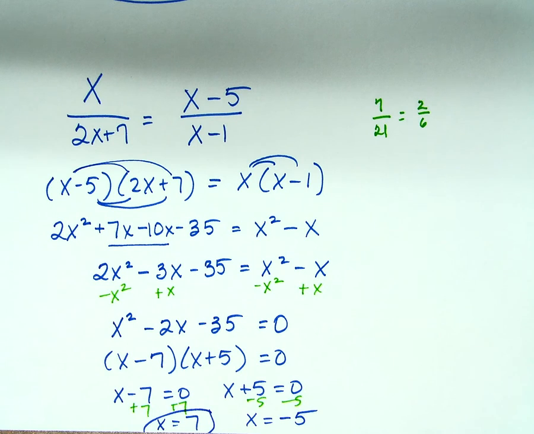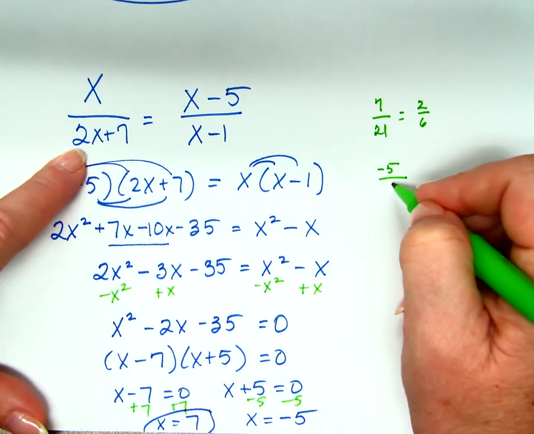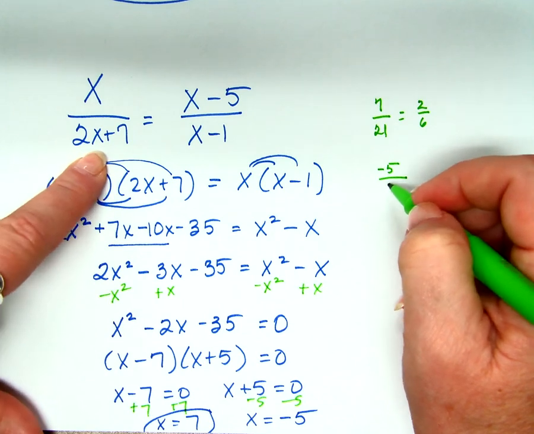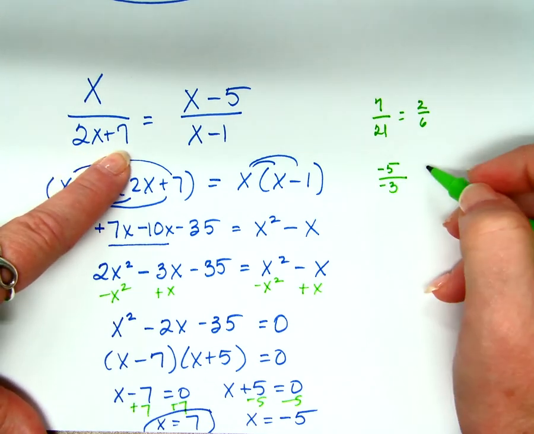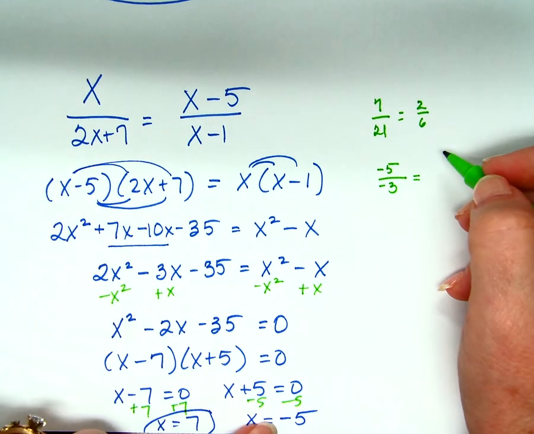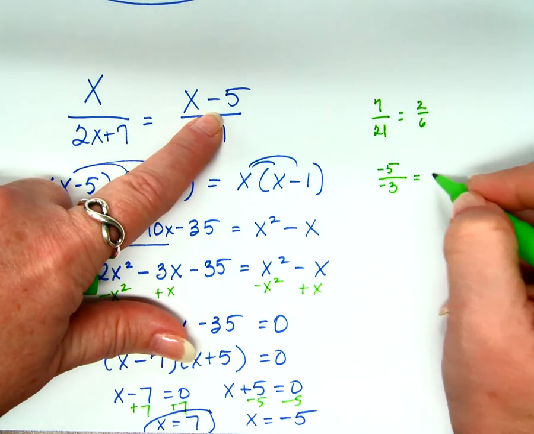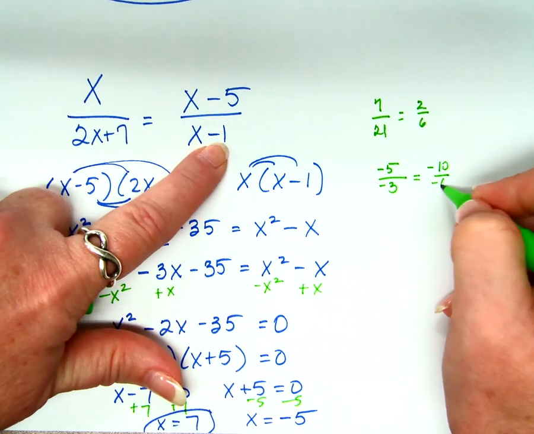Okay. What about negative 5? All right, negative 5, 2 times negative 5, negative 10 plus 7, negative 3, right? Negative 5 minus 5, negative 5 minus 1.